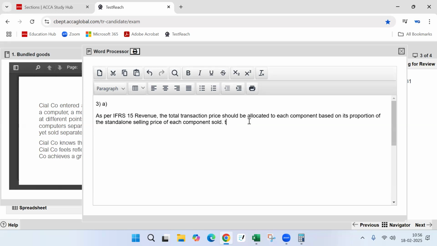Now, explain what the standalone selling price is, because you need to score marks. The standalone selling price is the price at which an entity would sell the goods or service on a separate basis to its customers.